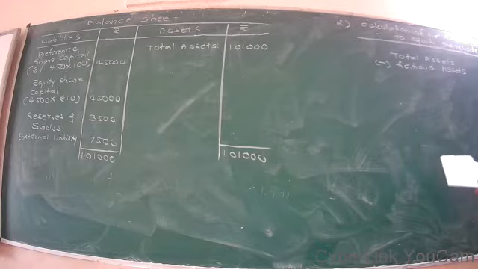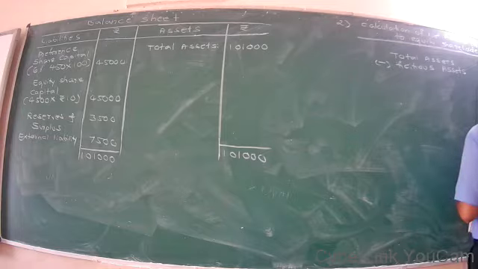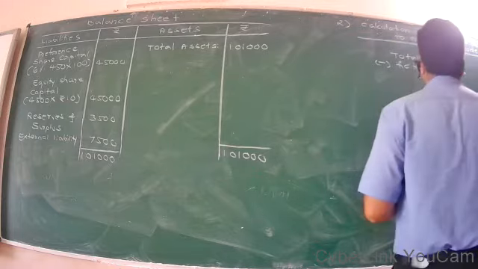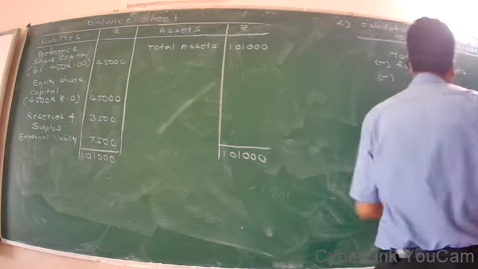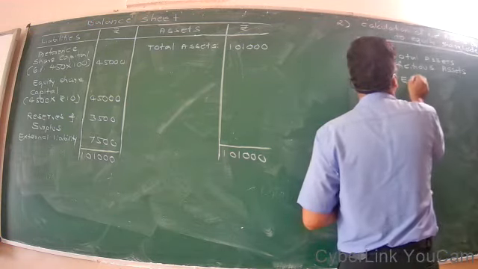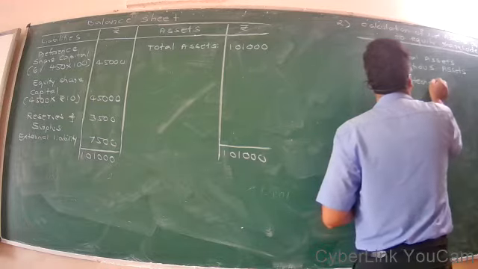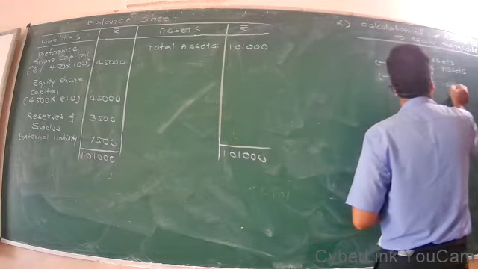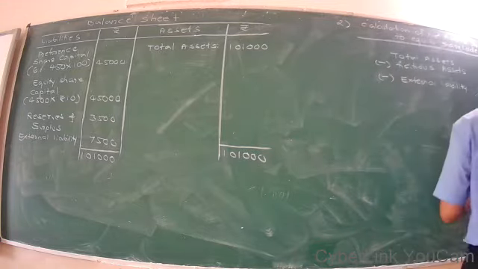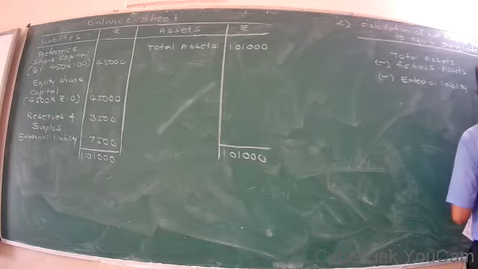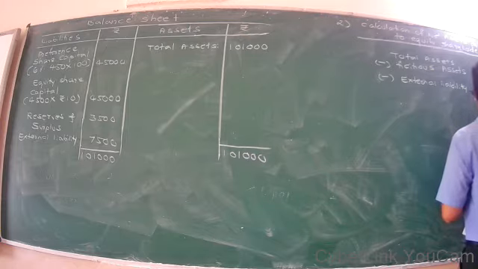If you deduct, it is 1 lakh 650. 1 lakh 650 minus external liability 7,500, so 93,150.